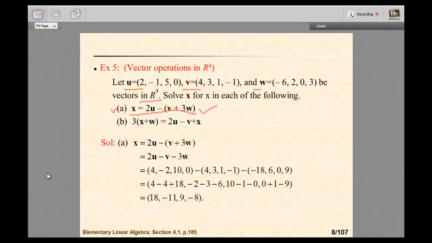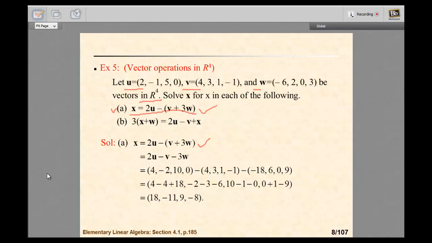This is a very simple question, but just for your understanding, we will solve it. From this question, you understand how we can apply the operations. First you write what's given, then put the values of u, v, w.